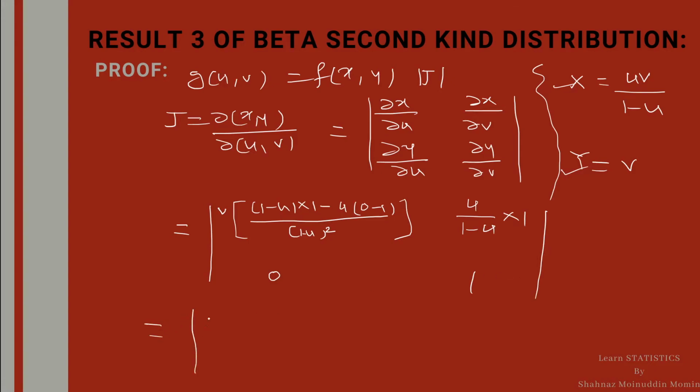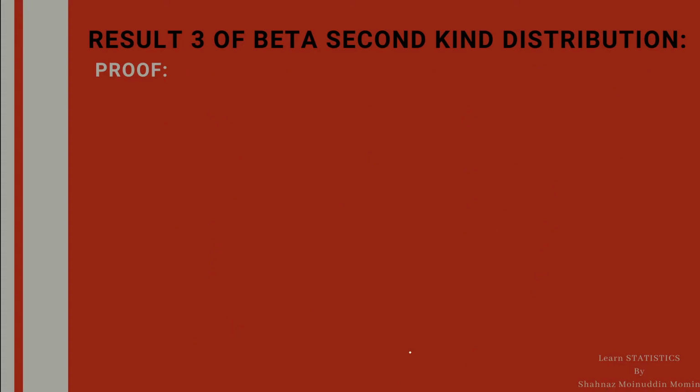By simplifying, we get v into [(1 minus u) plus u] divided by (1 minus u) whole square, u upon 1 minus u, 0, and this is 1, so J is equal to the determinant of v divided by (1 minus u) square, u upon 1 minus u, 0 and 1.